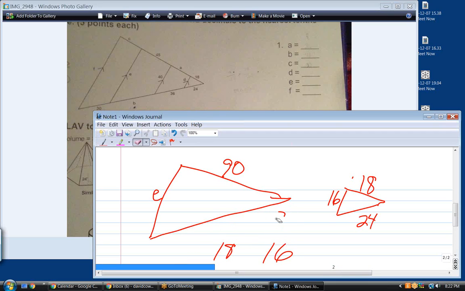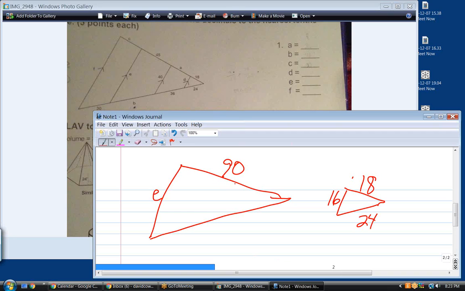I could have just as easily said 18:90 as 16:E, but now my E is in the denominator and I got to go through the whole cross multiplication and then dividing by 18 routine. So it's actually better to do 90:18.